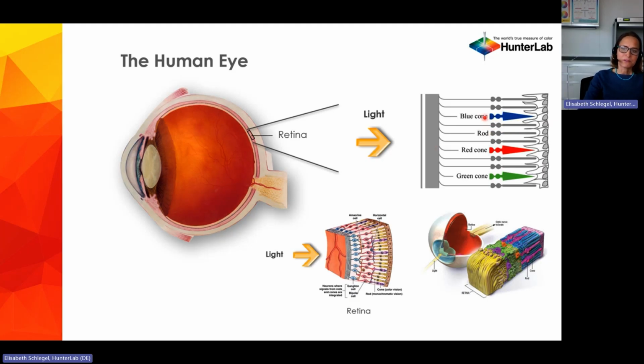Concerning the cones, we have 3 different types. One is for perceiving blue light, the others for red light, and the third one for green light. So we have only these 3 sensory cells. For example, you see there is no yellow cone, no sensory cell for yellow. That's actually what's happening in the human brain, in the combination of the impulses of the 3 cones.